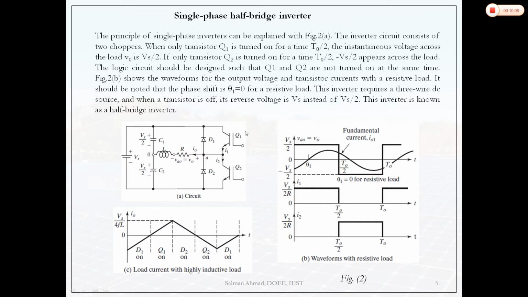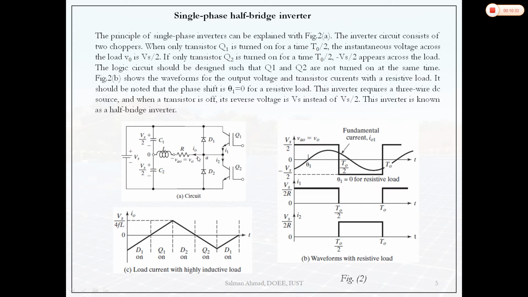If Q1 is turned on, the output voltage will be Vs by 2, with positive here and negative here.